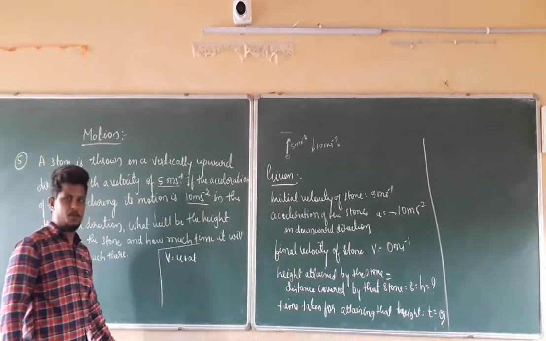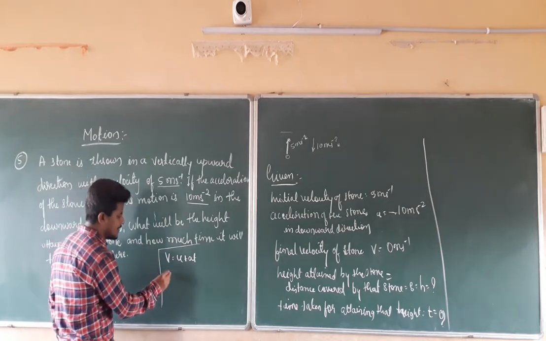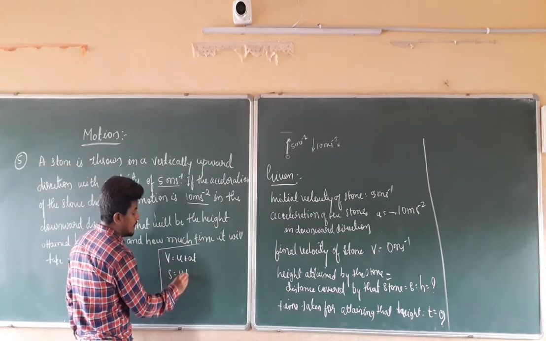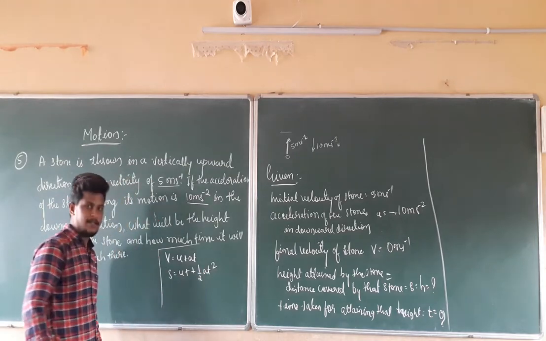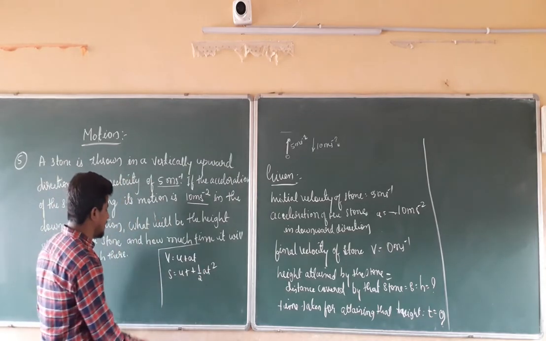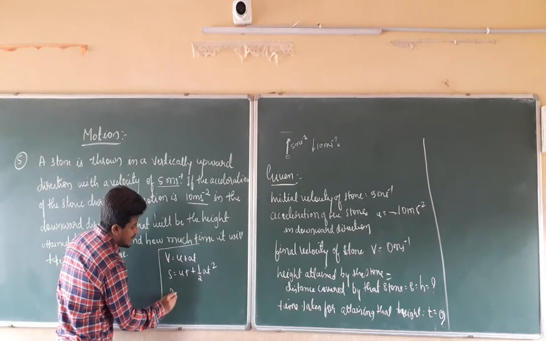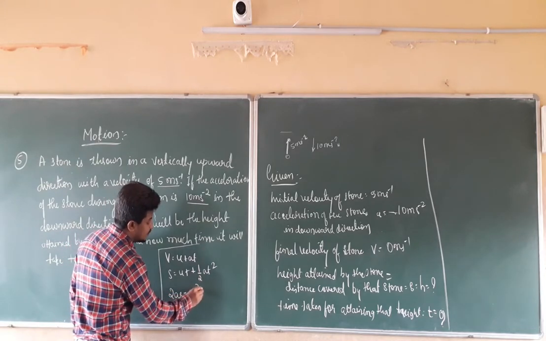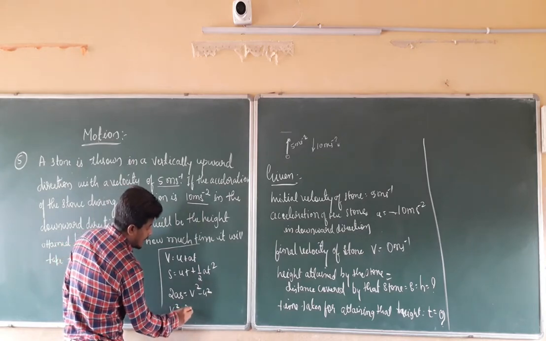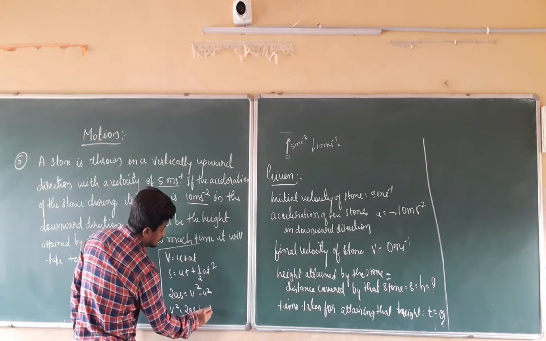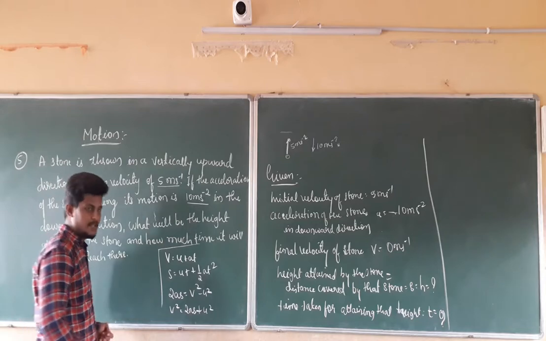The second equation is S equal to UT plus half AT square. The third is 2AS equal to V square minus U square, or V square equal to U square plus 2AS. Both are the same.